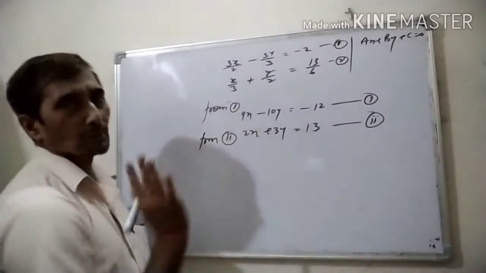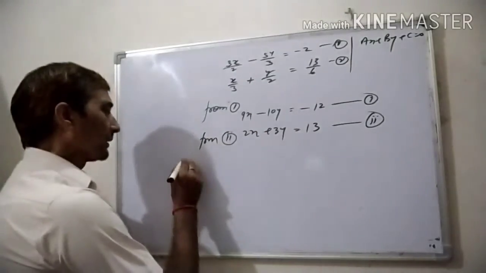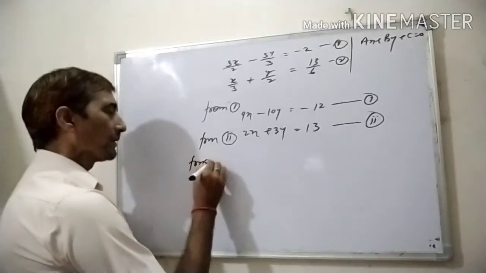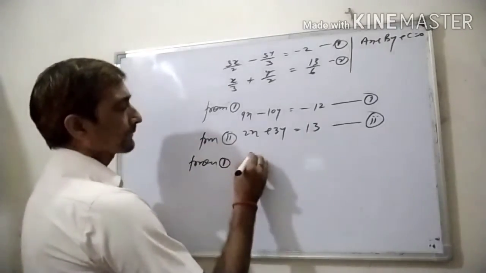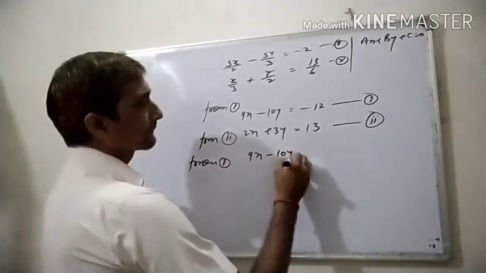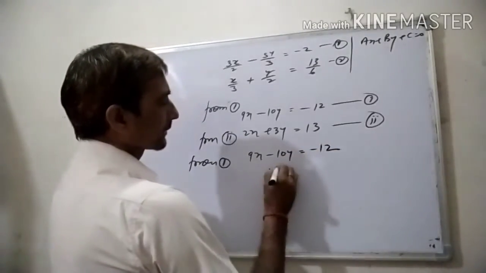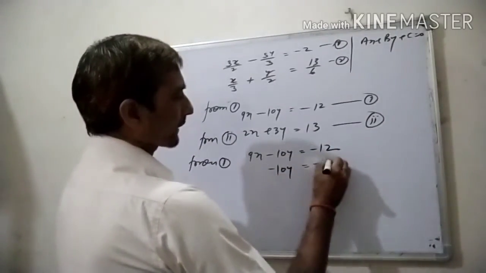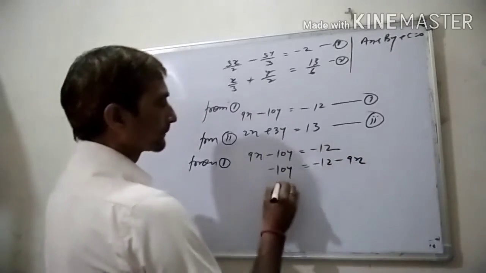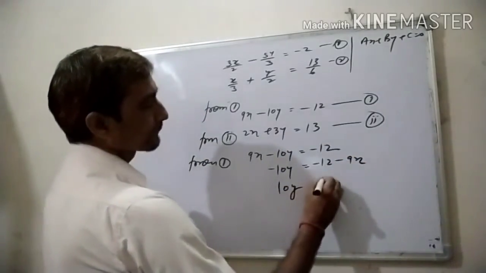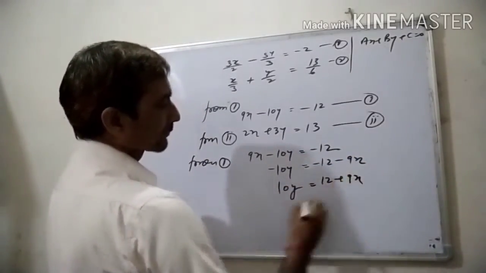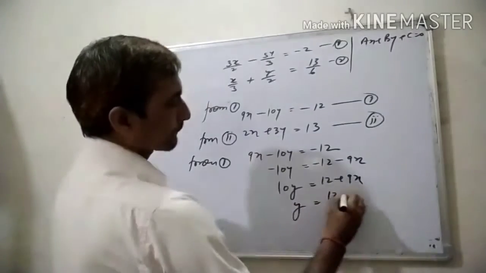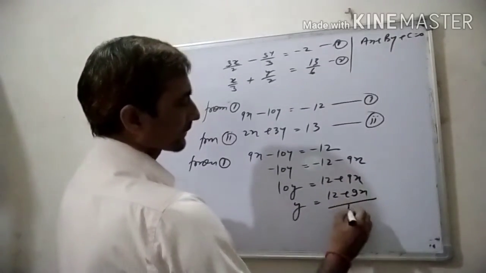Now we are going to solve these equations. Therefore, from 1 we find the value of y in terms of x, like this. Now y is equal to 12 plus 9x by 10.